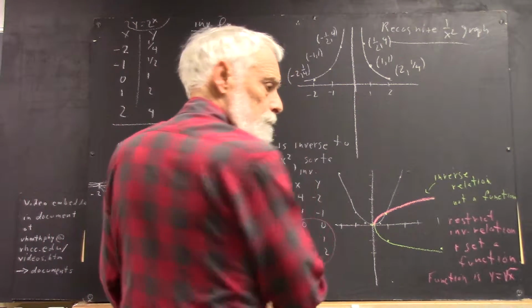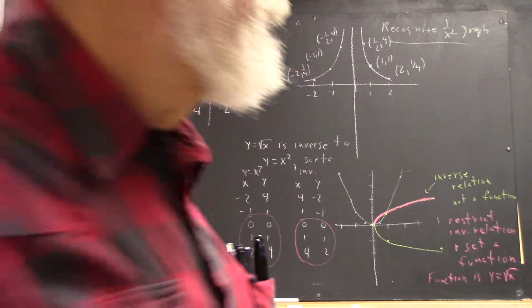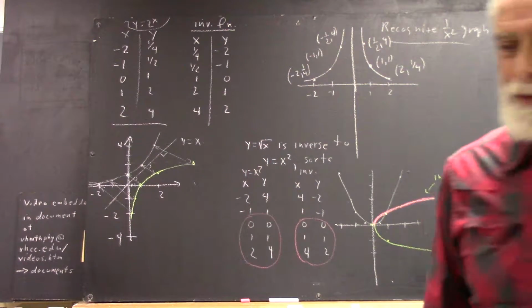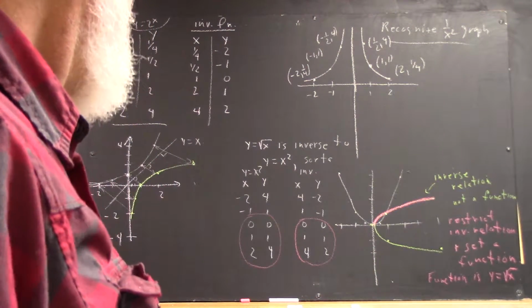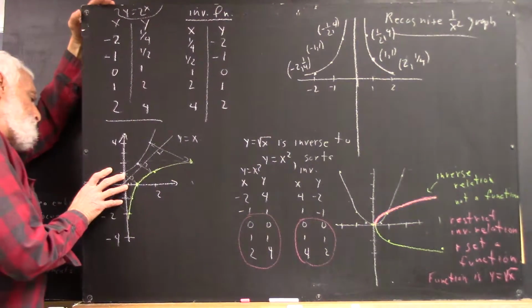What happened to my green chalk? Who's got my green chalk? Elena. Yeah, well, I figured it was her, but I wanted somebody to rat on her. Okay. I used green chalk before. I'd like to use green chalk again.